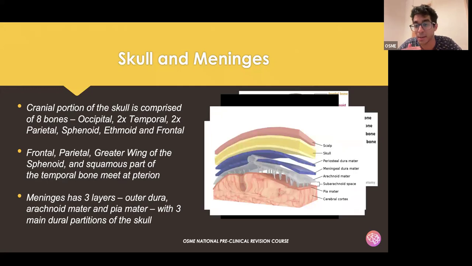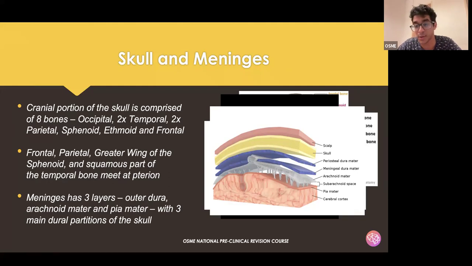So the next part is to think about the actual layers. The dura itself can be divided into two portions. You've got the outer periosteal dura, which is continuous with the actual skull, the bone itself. Then on the inside, you've also got the meningeal dura, which sits on the actual arachnoid mater. So between those two, you have a space.